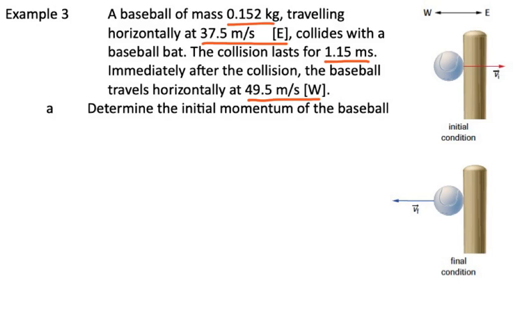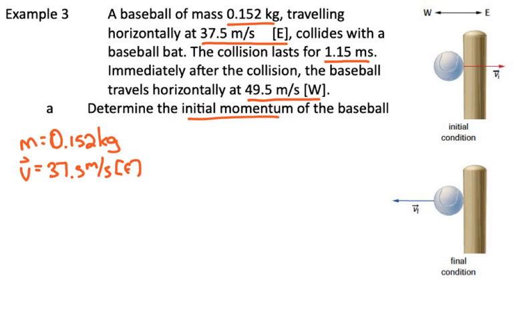So to determine the initial momentum of the ball, this is at the beginning when the ball is traveling east. So we know the mass. That is not going to change throughout this entire process. But now we need to look at which velocity matters, and that would be where it is traveling east. And momentum is what we're trying to find here.